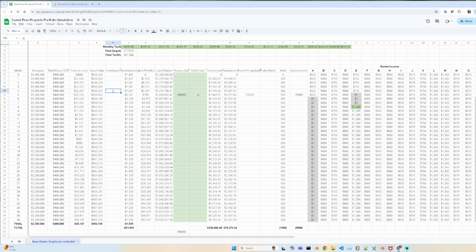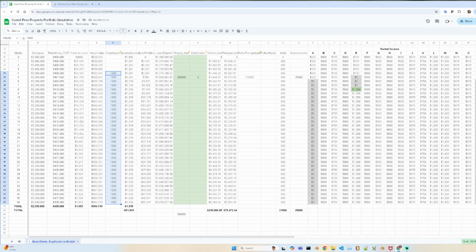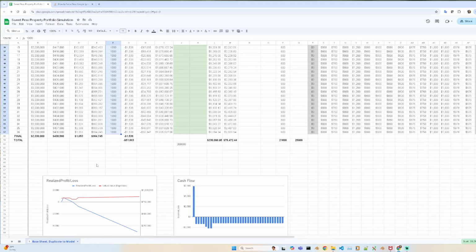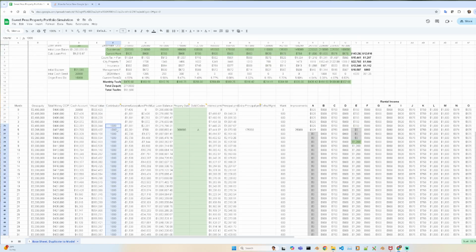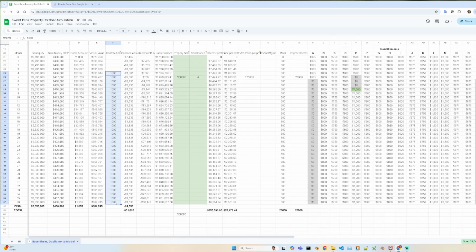Let's say we start adding 1,000 a month here, and do that to try to coast. I'm wondering if I should put this contribution somewhere. I almost want to add this to here.